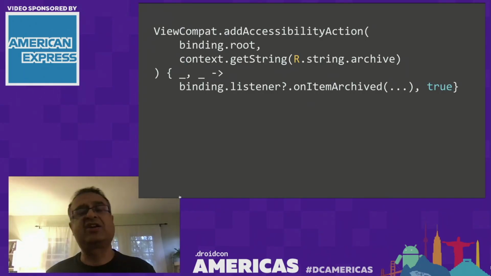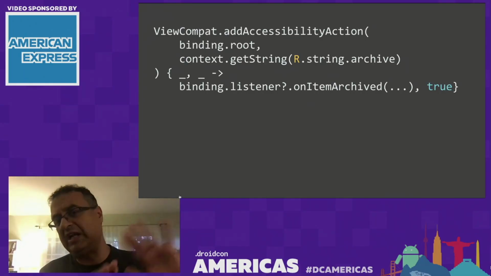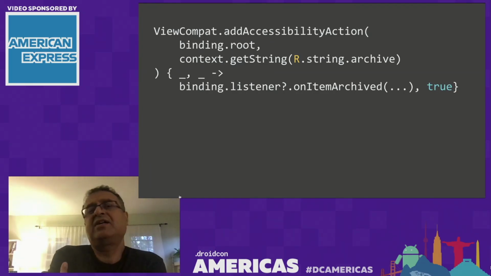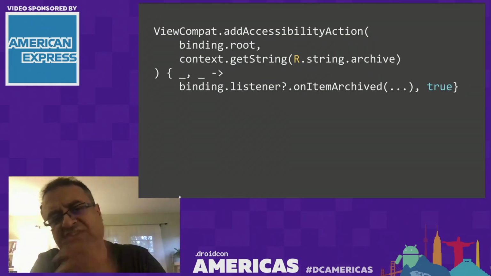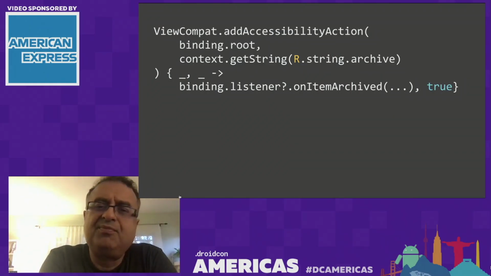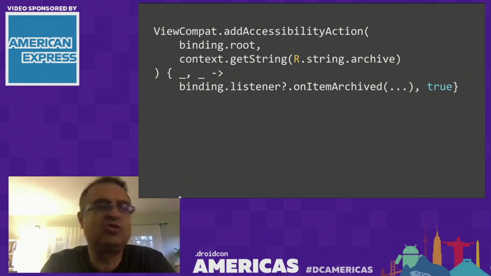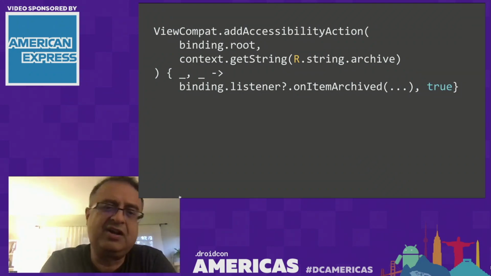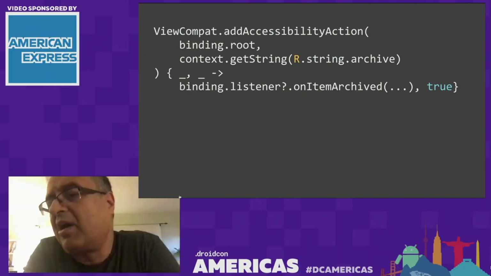Remember, our callback is already there. So at some point in our binding logic, and I'll talk more about the lifecycle of all of this later, we say ViewCompat.addAccessibilityAction, some view, in this case, I'm just saying the root, some label, in this case, it'll say archive, and it's very important that this should be a localized string. You don't want to have string literals. This should be translated. And then a callback, which is our onItemArchived callback.